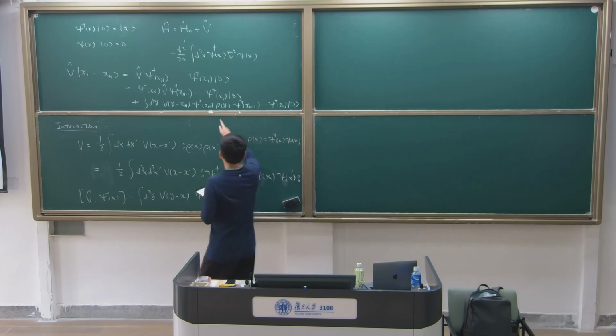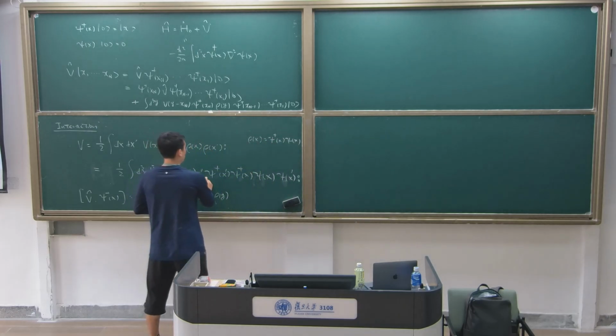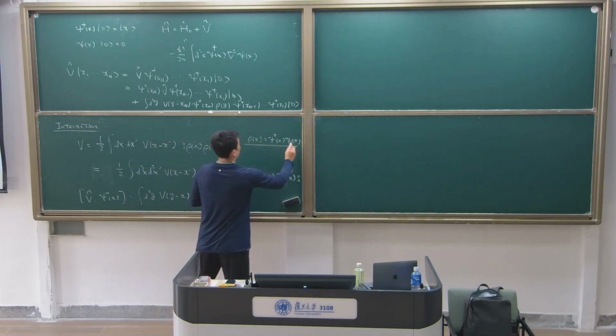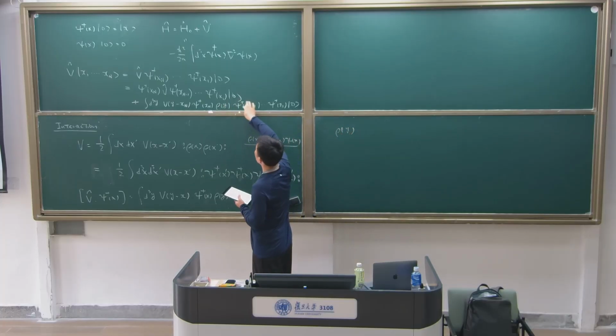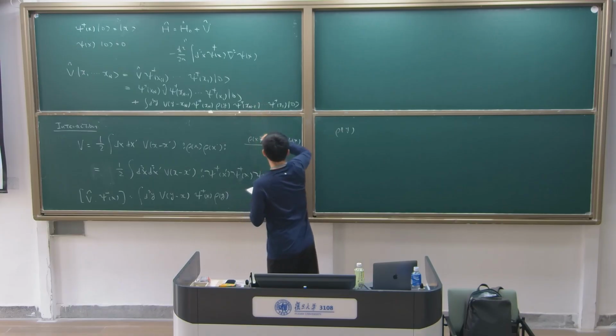Okay, so now this rho is this form. Rho is this form. Okay? And then rho of y. And then we try to commute with this one to bring this one to here.